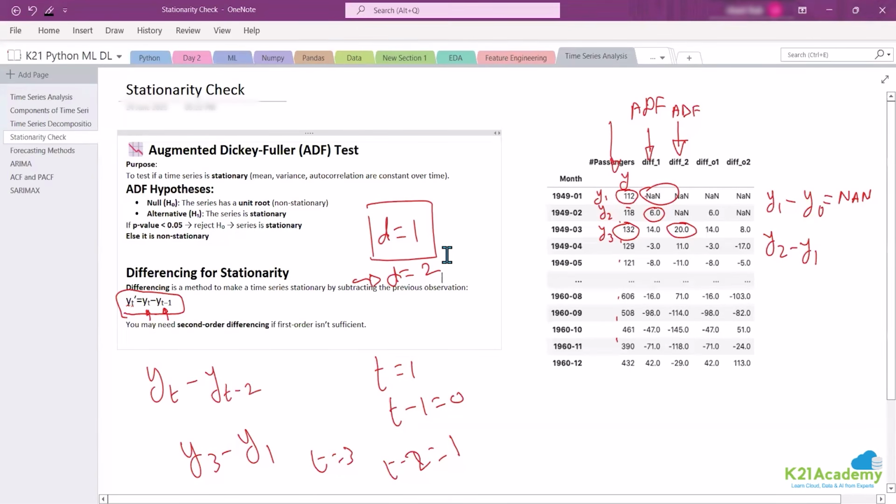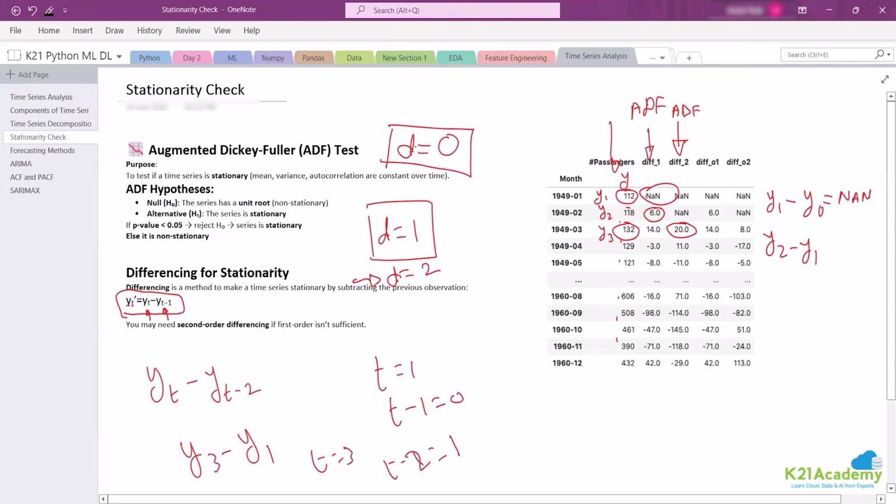If we already have stationary data, we don't require any differencing, therefore d will be equal to 0, because our data is already stationary and we are not performing any differencing operation.